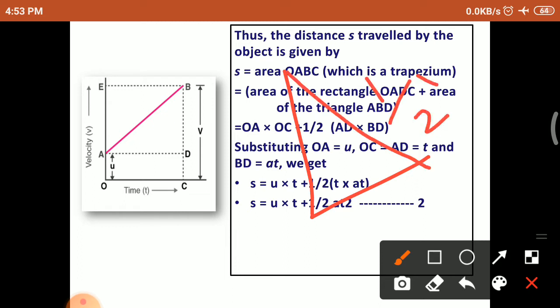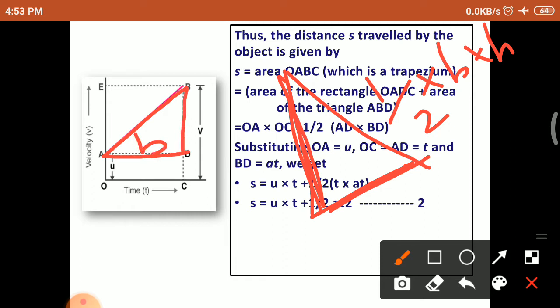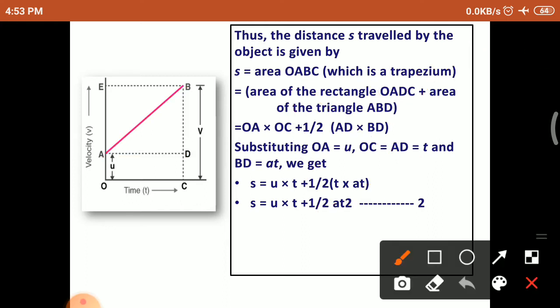Half into B into H. This is B and this is H. So we can write the area of the triangle as half into B into H, where B is AD and H is BD.